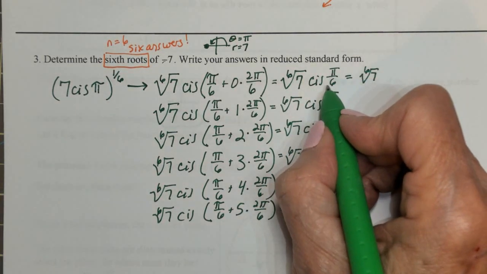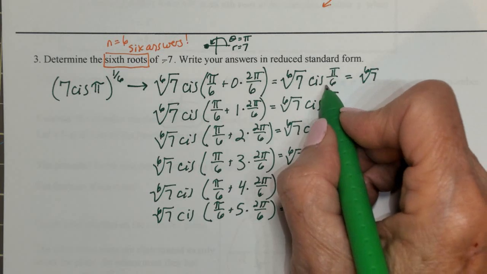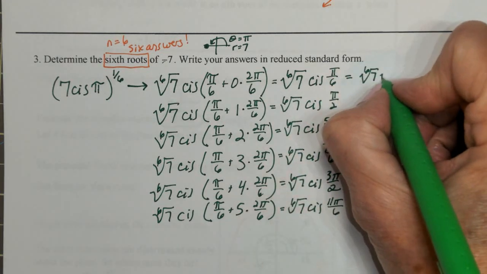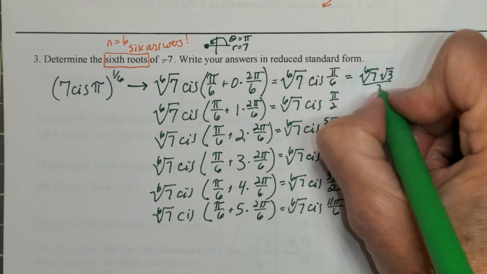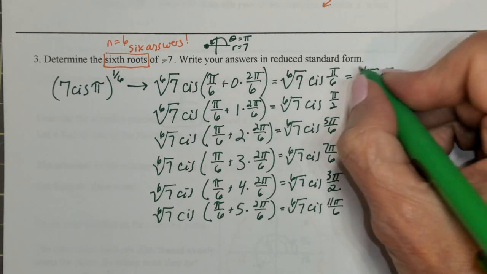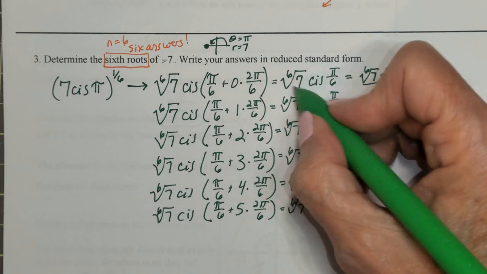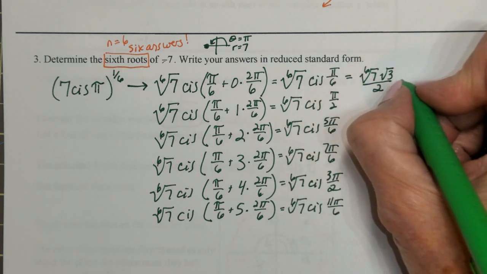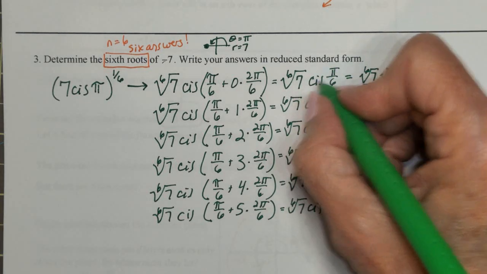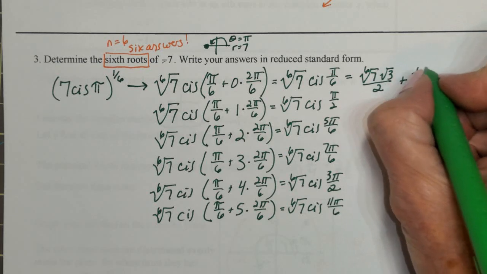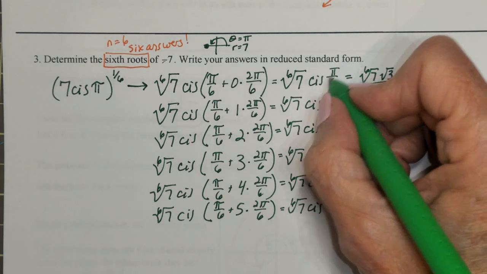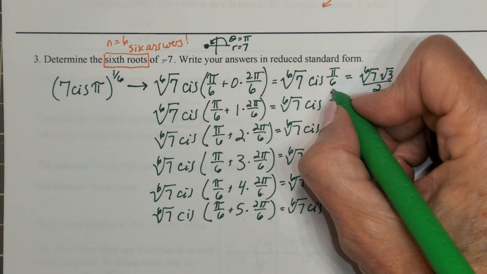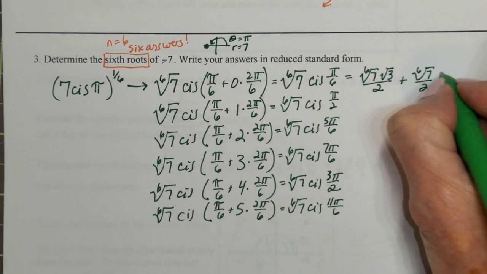Cosine of pi over 6 is square root 3 over 2. I'm going to write that as square root 3 over 2. I'm going to save myself a line. I'm going to go ahead and distribute. I'm distributing that 6th root of 7 into the two terms that I get. Plus 6th root of 7 times sine of pi over 6 is 1/2 i.